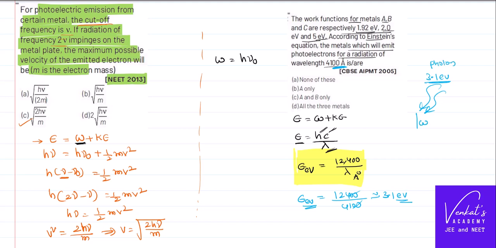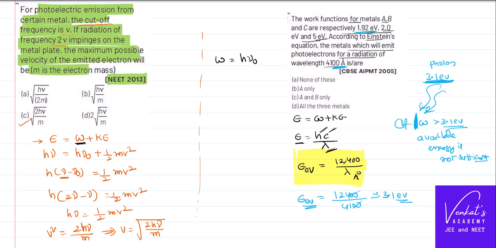So if the work function of the metal is more than 3.1 electron volts, it means the available or incident energy is not sufficient to release the electron from the metal surface. Look at the data. Work function is given as 1.92 for one metal, but the photon has 3.1 electron volts.